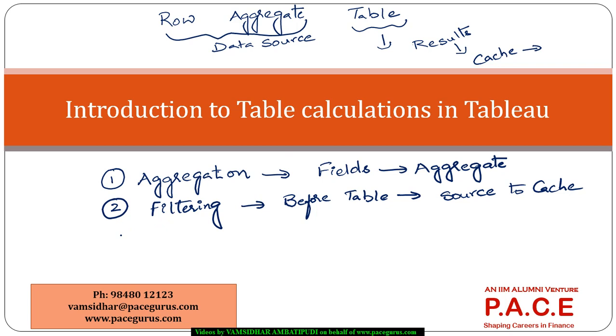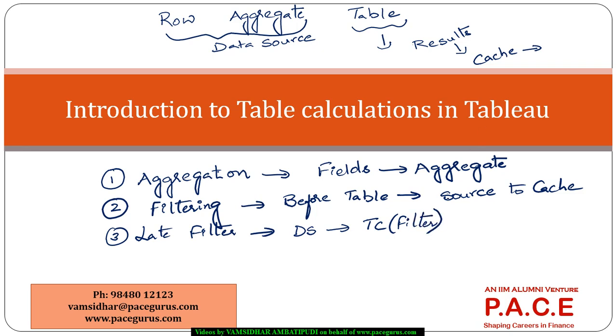At the same time, we have a concept of late filtering. Filters are applied in general at the data source level, but if I have the table calculations themselves used as filters, that is what we call late filtering.